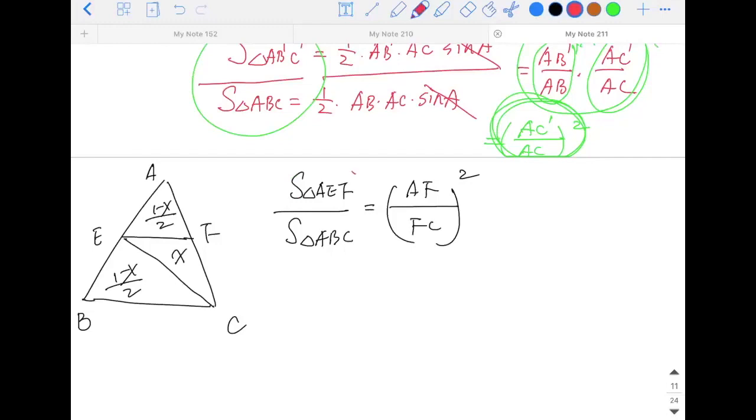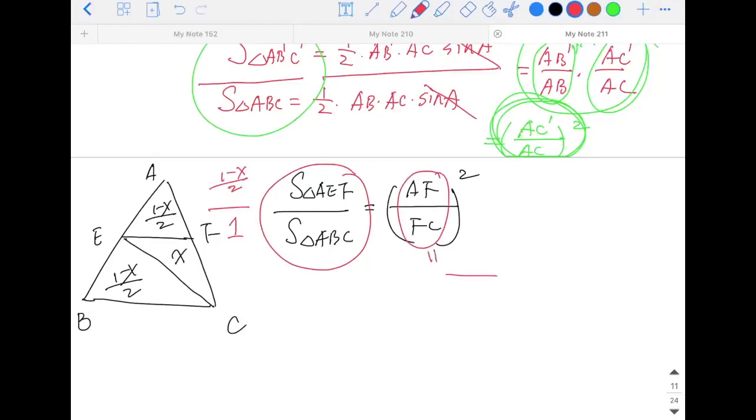Okay, what about AEF over ABC? That's actually 1 minus x divided by 2 over 1, right? Because the big area is equal to 1. Then what about AF over FC?